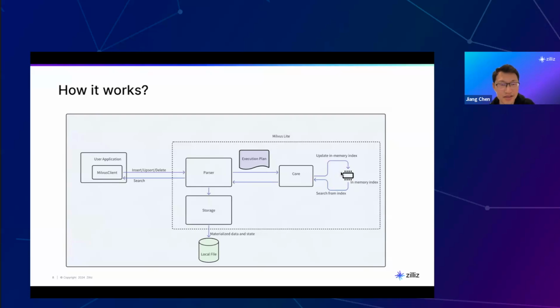If you don't care, you can specify nothing and it will use auto index, which chooses for you. If you do care about the algorithm, you can also specify which indexing algorithm it uses. Once everything is done, it will pass the result back to the parser and eventually back to the Milvus client. Now your user application gets the vectors, or it has finished the operation on the vector storage.